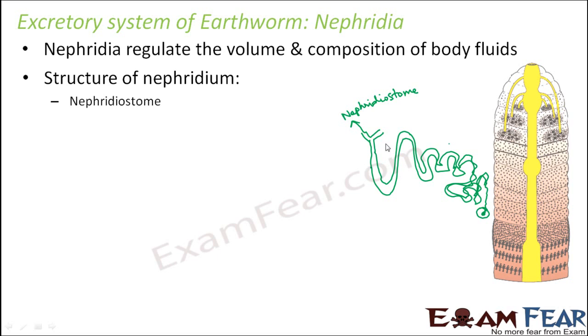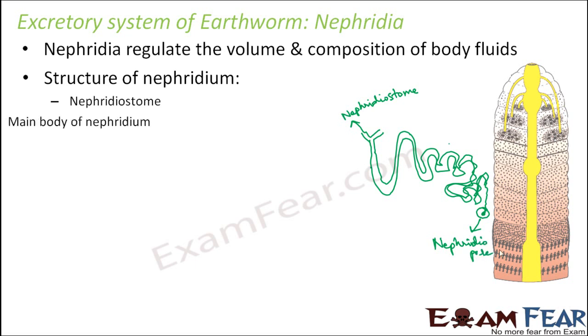So whatever it thinks is still useful, it will reabsorb and send to the blood. Now the waste it will carry, it will not throw the waste out. The waste it will carry, and it will take it through a pore to the surface in the body wall, and this pore is known as nephridiopore.